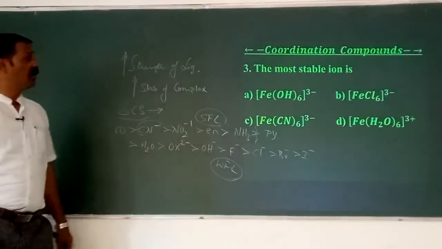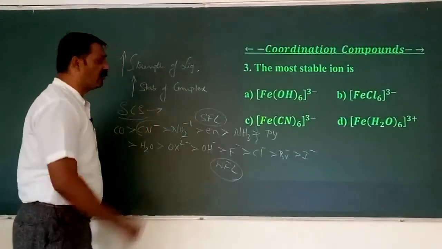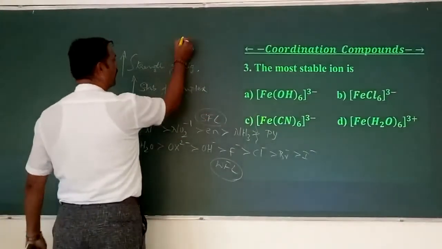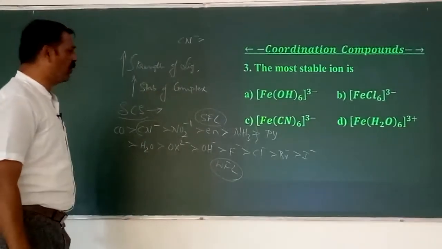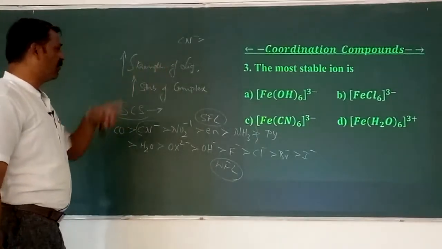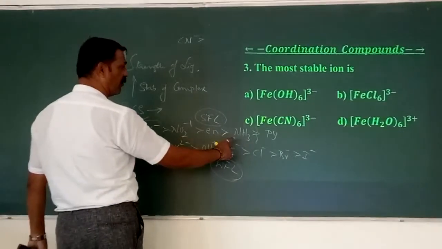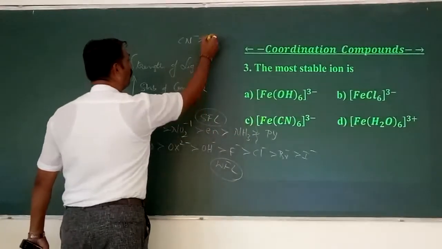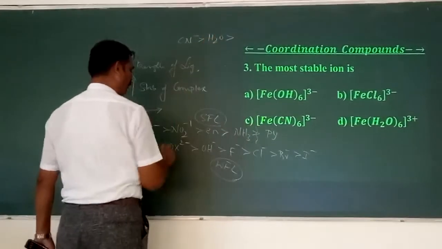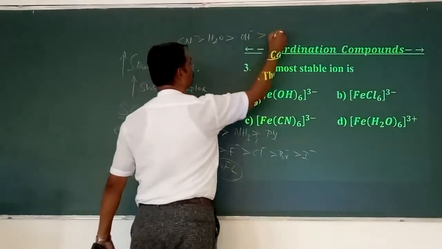Okay. So here, the more the strength of the ligand, the more is the stability of that particular complex. According to this, we have cyanide greater than water, then OH minus, and the last one is Cl minus.